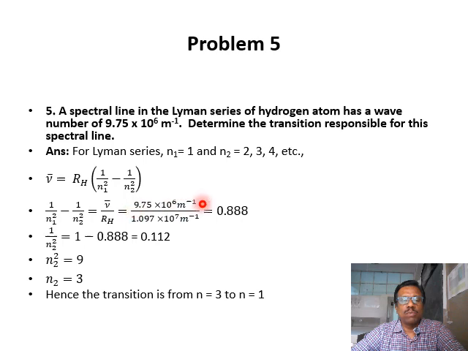This is the nu bar value, and this is the RH value. Substitute this and you get 0.888. 1 by N2 square is equal to 1 minus 0.888, that is equal to 0.112, and N2 square is equal to 9, N2 is equal to 3, and N1 is equal to 1.